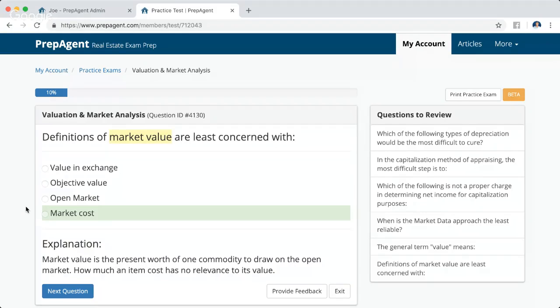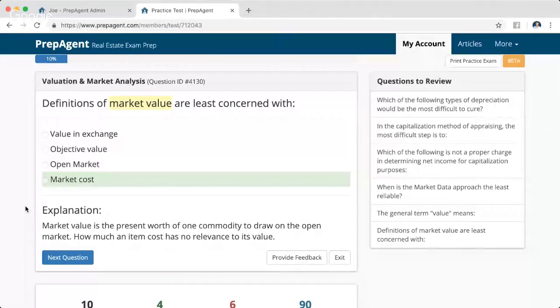Absolutely not. It's worth whatever I can get in the open market. Right, guys? What you paid for, your initial cost, has no relevance to the value. Everybody got that? So the least concerning factor for value is how much it costs. If you buy something and try and sell it to me and I said, well, what'd you pay for it? You'd be like, it doesn't work like that. Beat it.